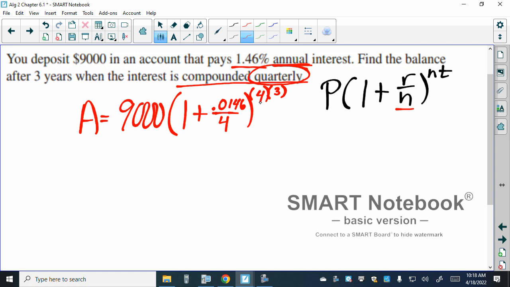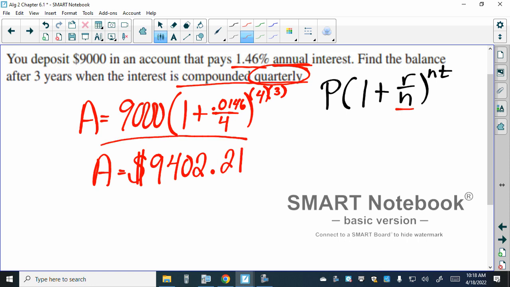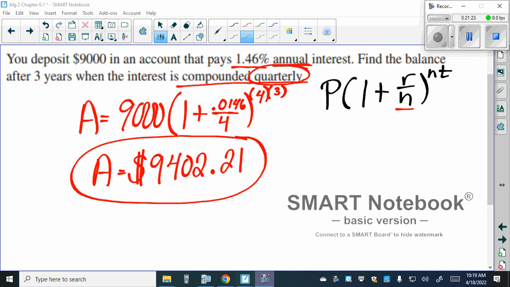Type it in. 9,000 times 1 plus 0.0146 over 4, to the 4 times 3. $9,402 and 21 cents. That's it. Any questions on this here?